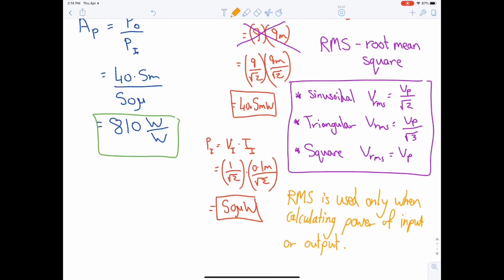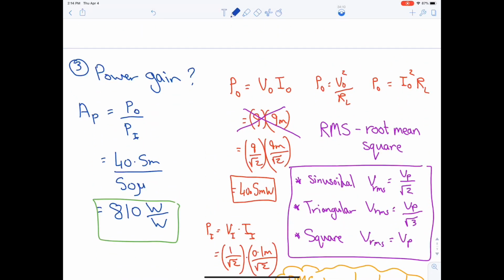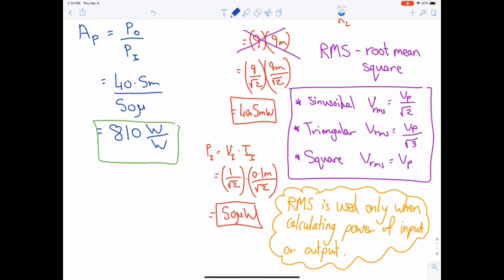Okay, here we use it for the power gain AP is equal to PO over PI.